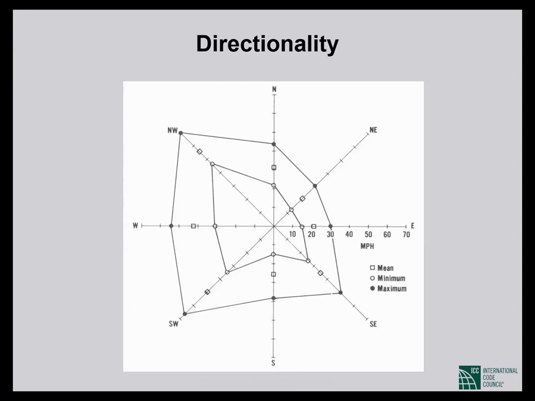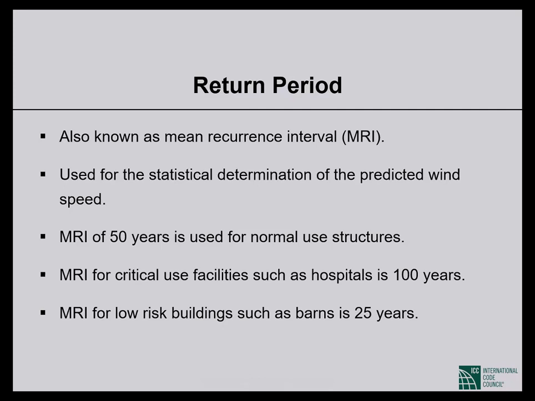The directionality factor K sub D takes this fact into account. And for all buildings, K sub D is 0.85. So we are decreasing the highest wind speed 15% to account for the fact that wind can blow along the most critical direction only instantaneously. Okay. So that's K sub D.